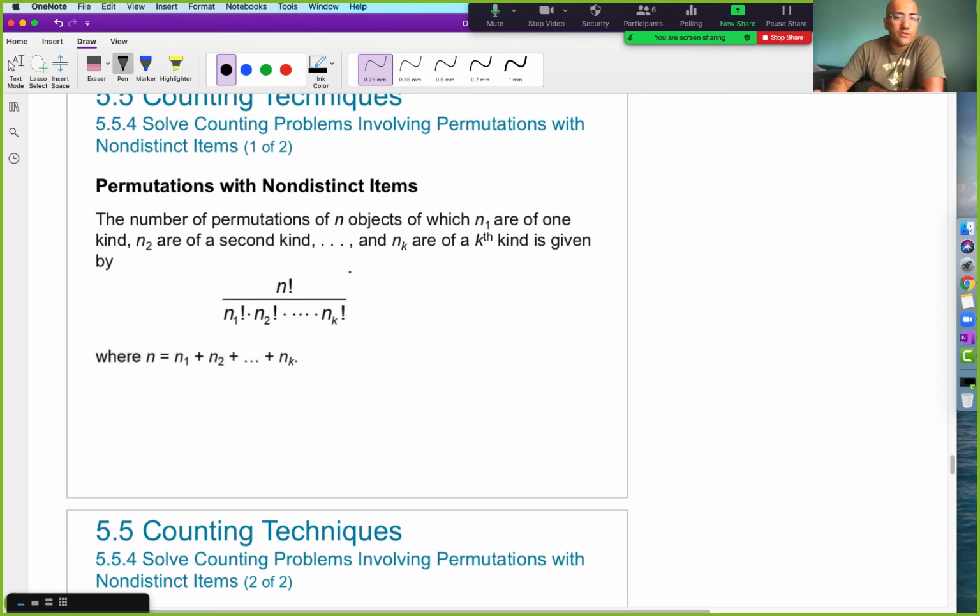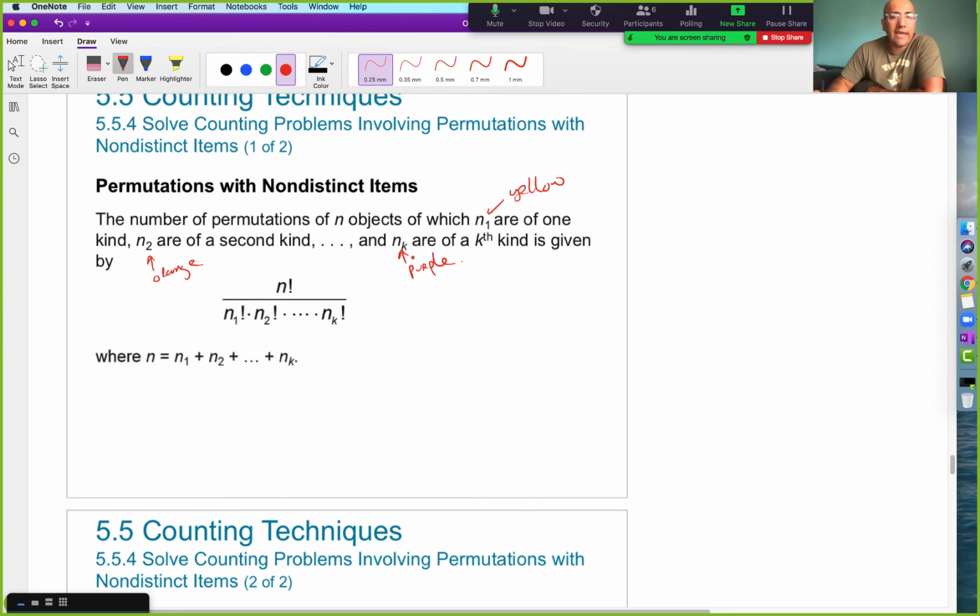So with the markers, for example, we could say that n sub 1 is like the yellow markers, and n sub 2 is like the orange ones. Right? Maybe there's some that are identical orange and some that are identical purple, and so on and so forth, right?